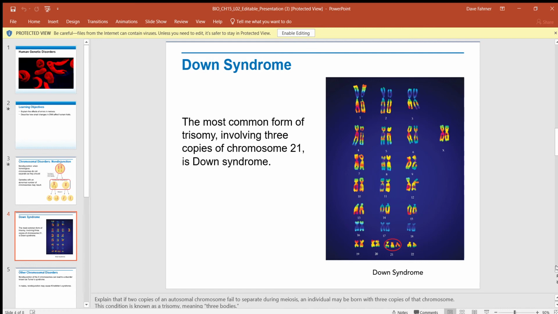Now, we've already talked about Down syndrome a little bit in class before we left, but you also need to know that the same characteristics that show in the Down syndrome person can be manifested by a 15-21 translocation. Let me refresh your memory on a 15-21 translocation.